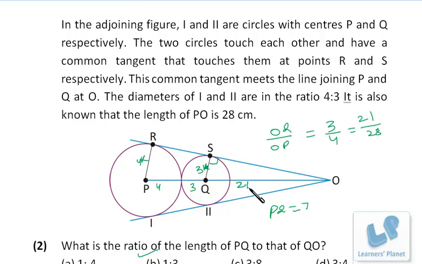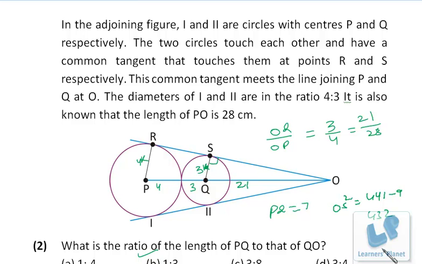Right? Now OS square will be the square of OQ minus the square of QS. So that is 441 minus 9, right? So OS is root 432.